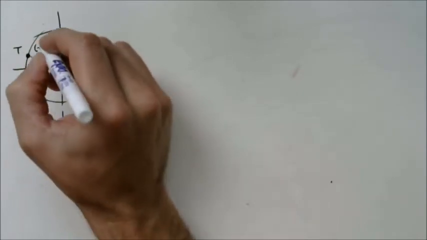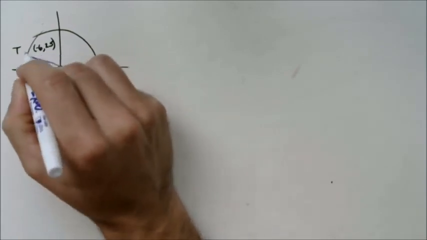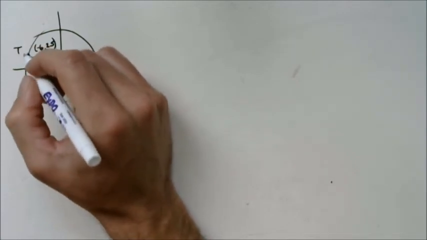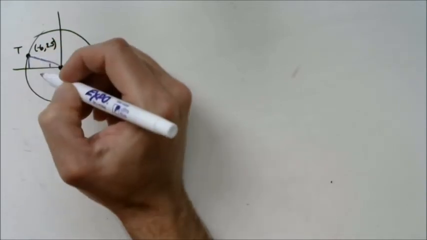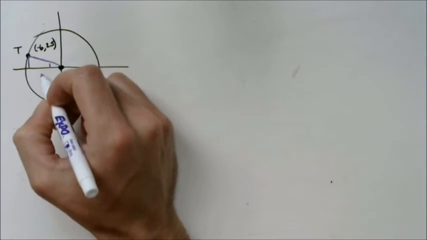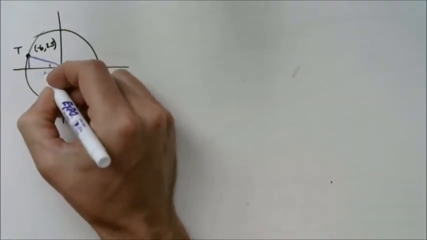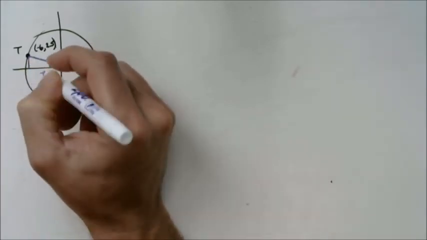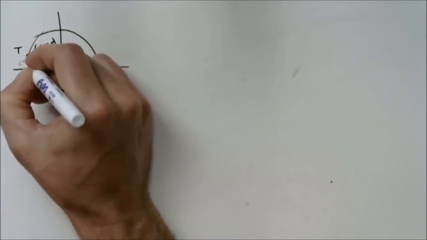So tangent here is negative, right? Cosine, all, sine, tan. So tangent is negative here, which makes sense because tangent is opposite over adjacent, and the adjacent is clearly a negative value. It's -6, and the opposite is positive 2.5.